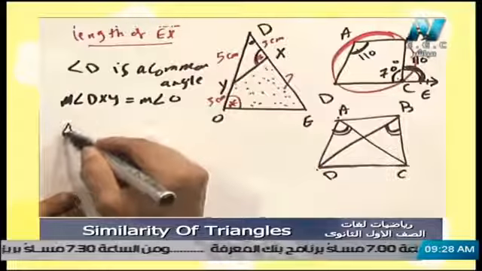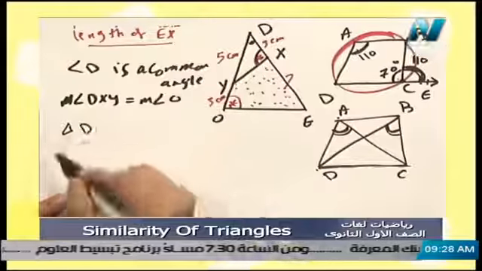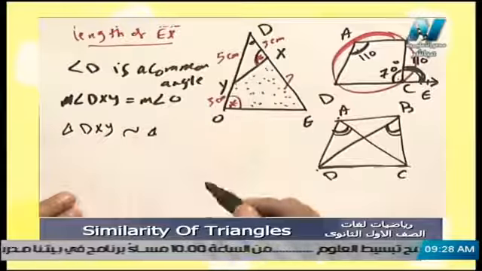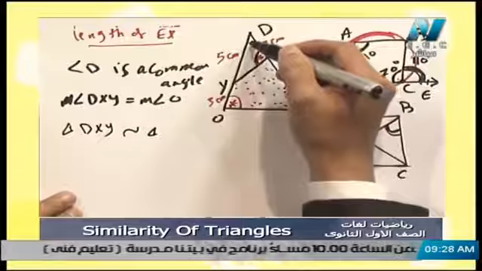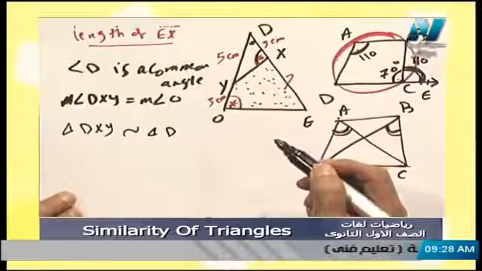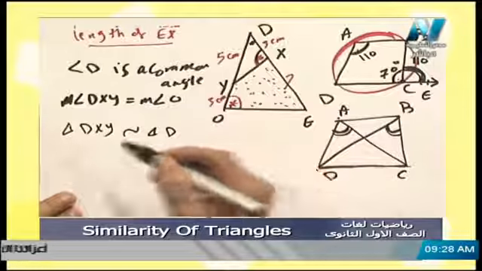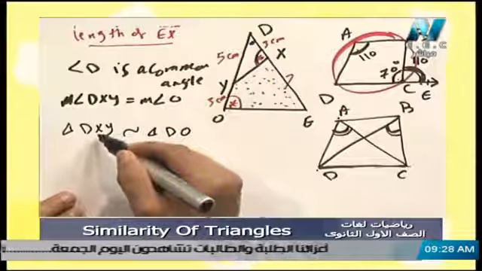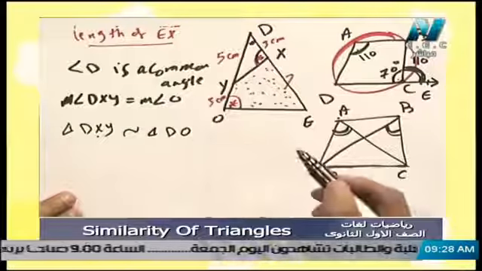So we can say that triangle DXY is similar to triangle DOE. When we say D, we will say D also, because D is the same angle in the two triangles. X is equal to O, so X the second, O the second.